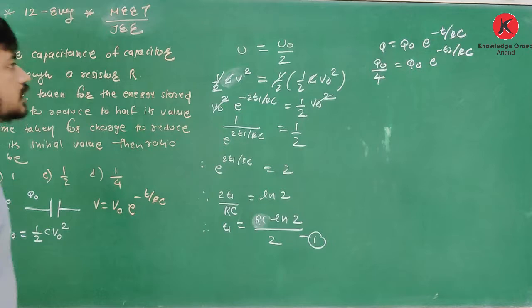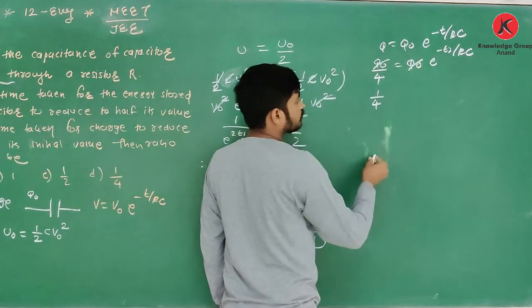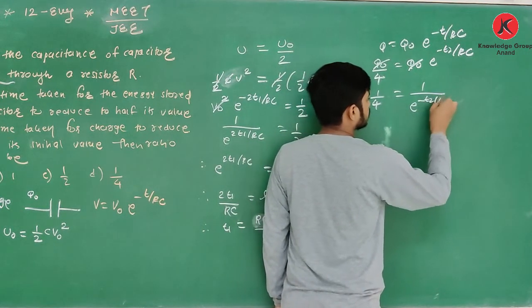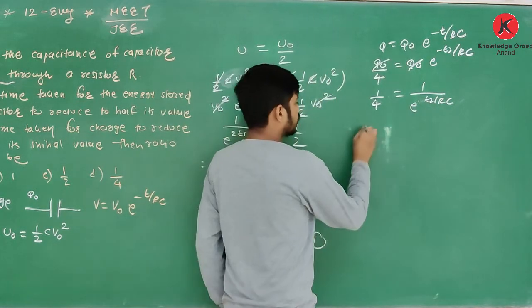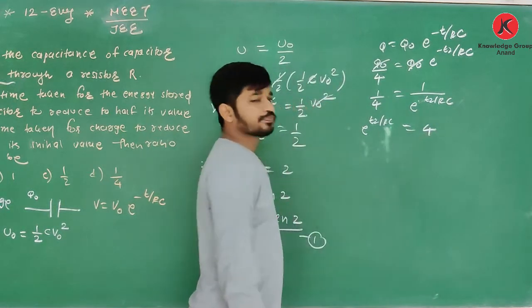Clear? So Q0 cuts Q0, and 1 upon 4 is equal to 1 upon e raised to T2 upon RC. So e raised to T2 upon RC is equal to 4, simple.